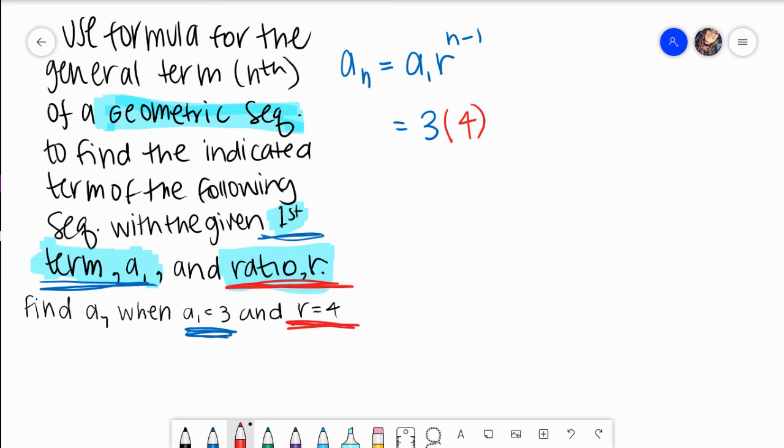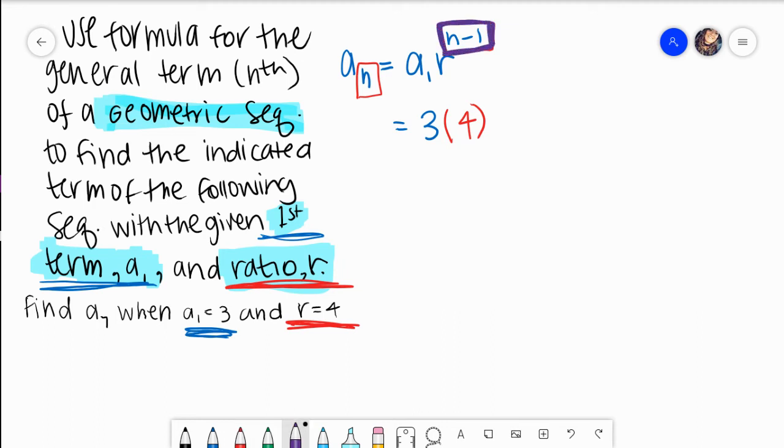What I want you to notice is that this n minus 1 comes from this n right here, that a sub n, the little bitty subscript at the bottom. Whatever that number is in that form, that's my n.